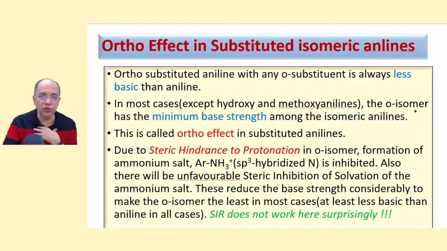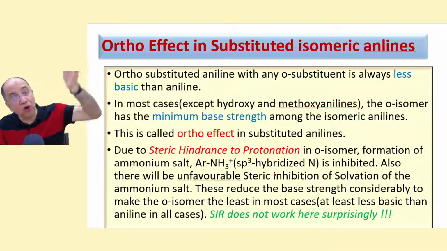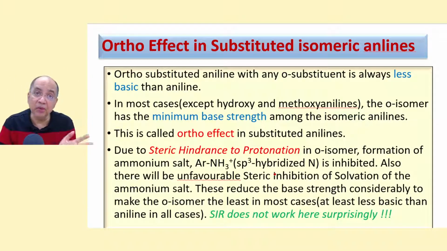Excepting that, the ortho will be the weakest. We'll see. The ortho isomer has the minimum base strength among isomeric anilines. In all other substituted isomeric anilines, ortho is the minimum. But it is always lesser than aniline, but minimum in most cases. But in some cases, methoxyaniline, it is not minimum. It is little more than minimum.